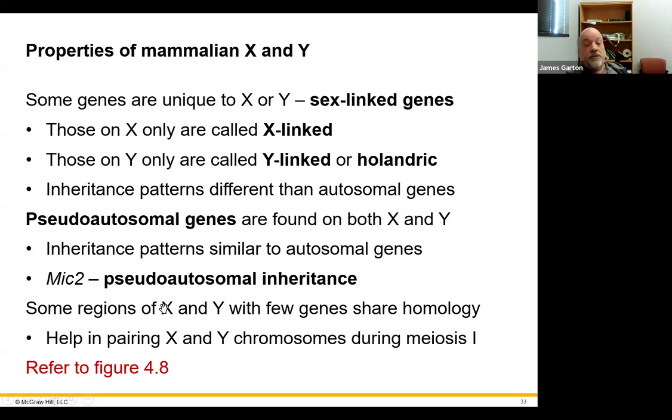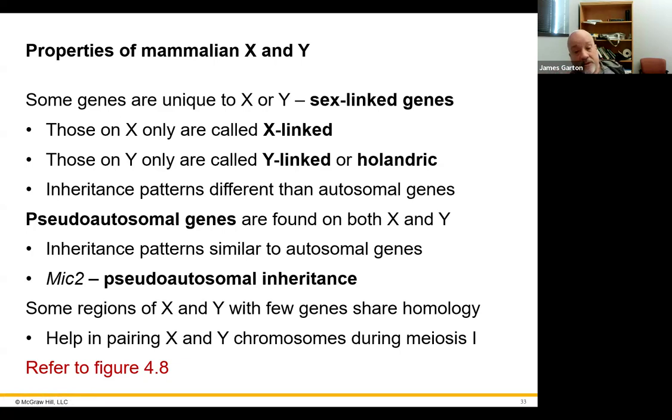Now, there are regions of the X chromosome and the Y chromosome that are homologous. And these regions that are homologous help the X chromosome and the Y chromosome pair during meiosis one. And that means that crossing over between the X and the Y can occur during meiosis one.